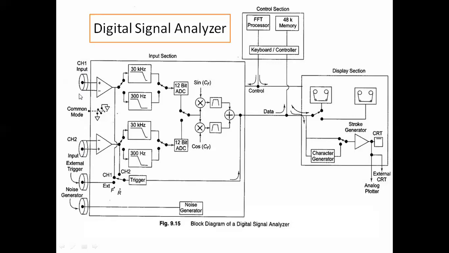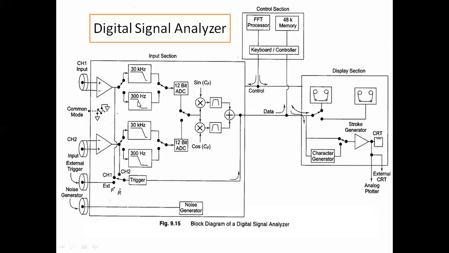The signal to be analyzed is connected to channel 1 and applied to the input amplifier, and the amplifier output is given to filters.